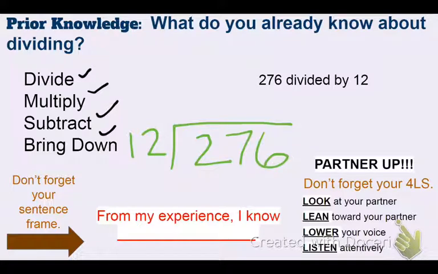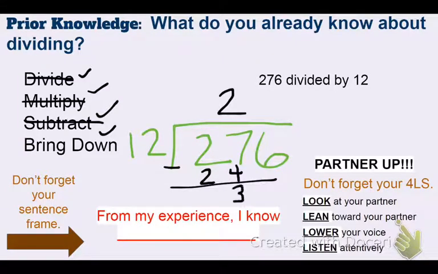First, we divide. 12 divides into 27 2 times. Now I can multiply. 12 times 2 is 24. We can subtract 24. 3's left. Bring down the 6. So how many times will 12 divide into 36?